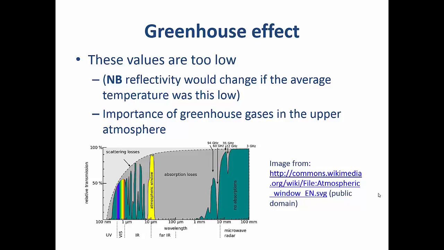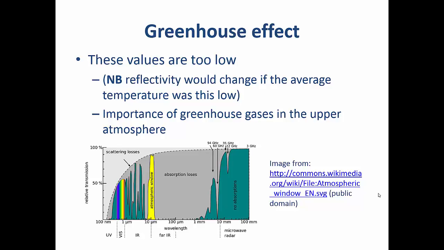And in fact, if those values were right, the reflectivity values would have been wrong, and this really points to how important the greenhouse gases in the upper atmosphere are in terms of preventing the Earth's temperature being as low as those previous calculations would indicate, because clearly if they were that low, then essentially we would not be here.